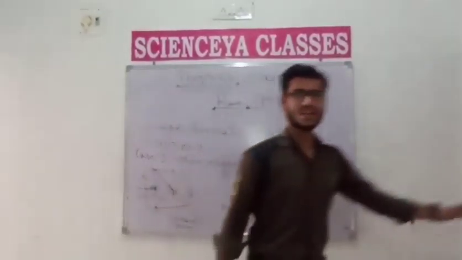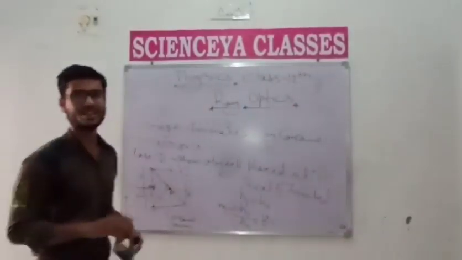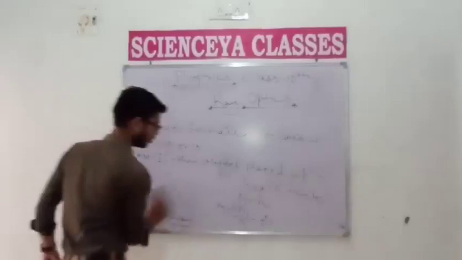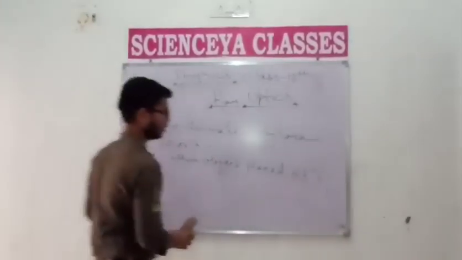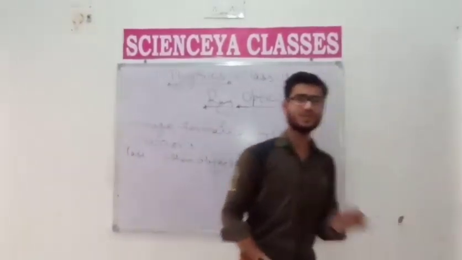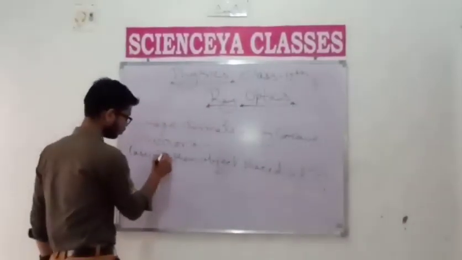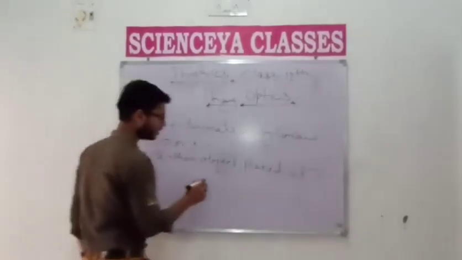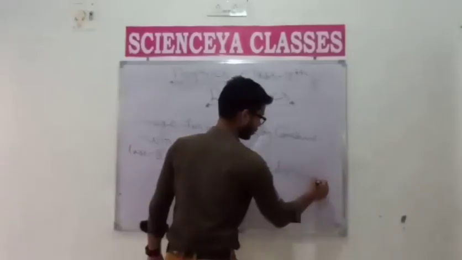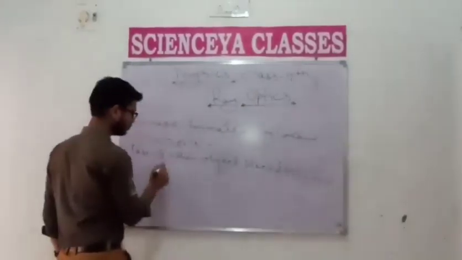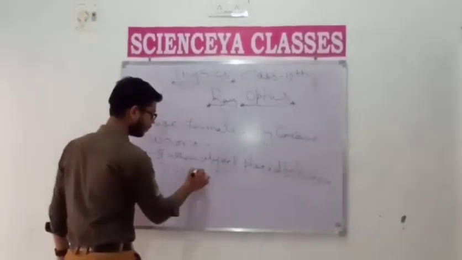And student, similarly we see case 4, 5th and the very special case 6. Okay student? So let us discuss case 4, when object is placed between center of curvature and principal focus.